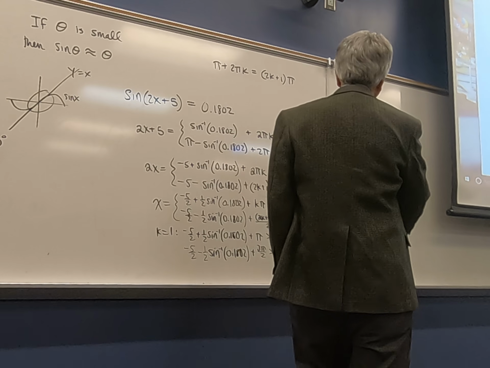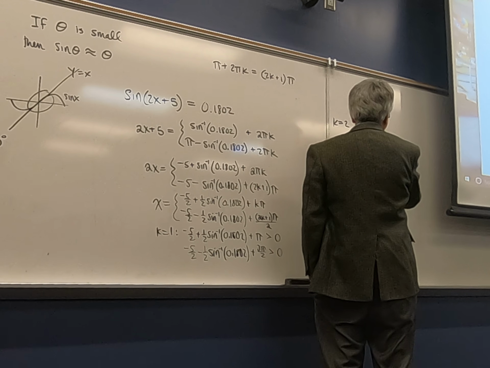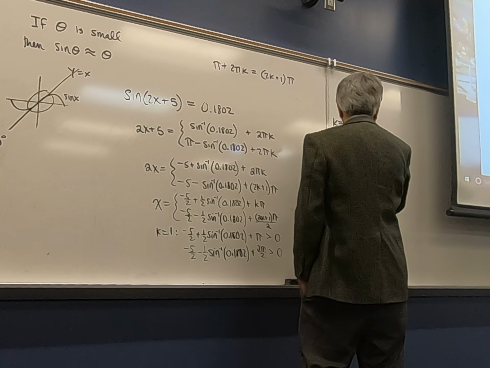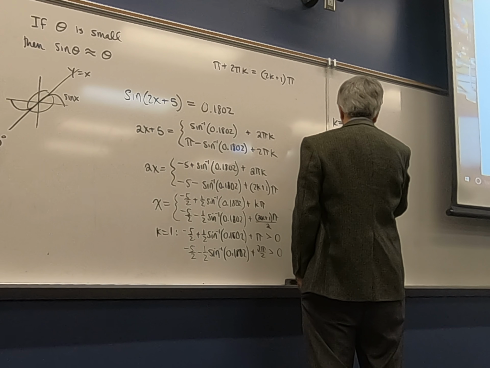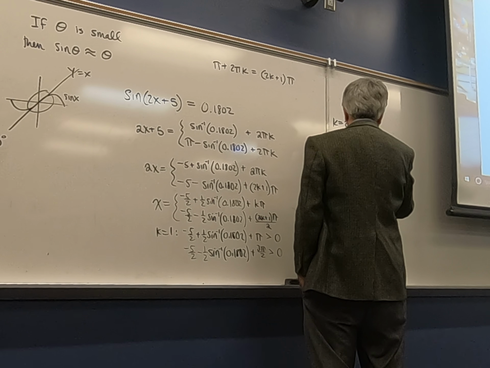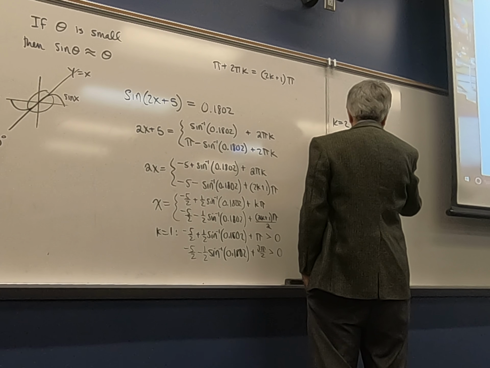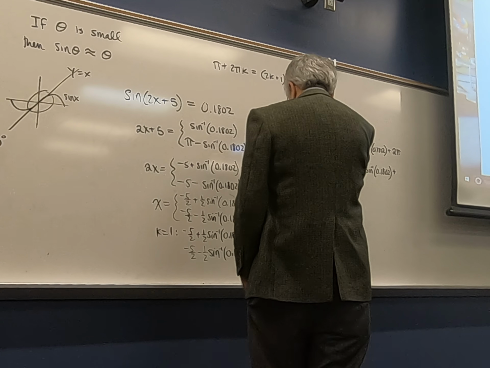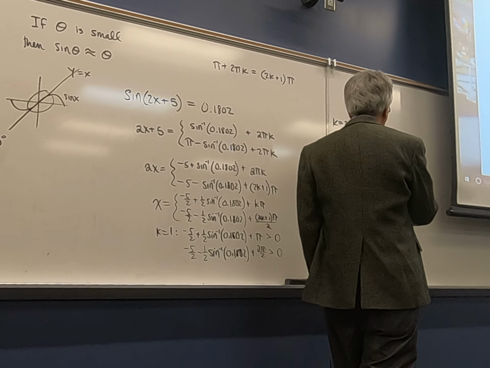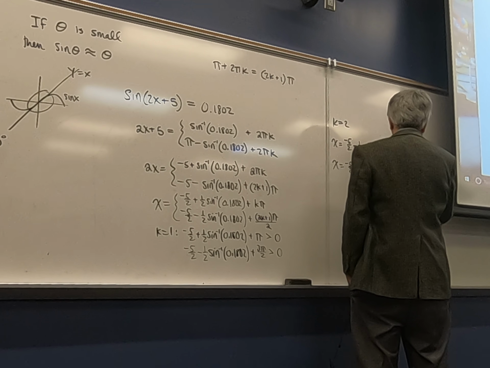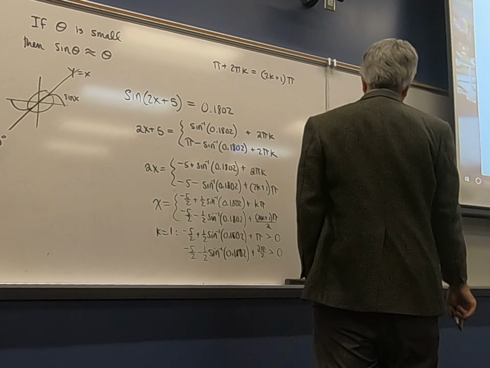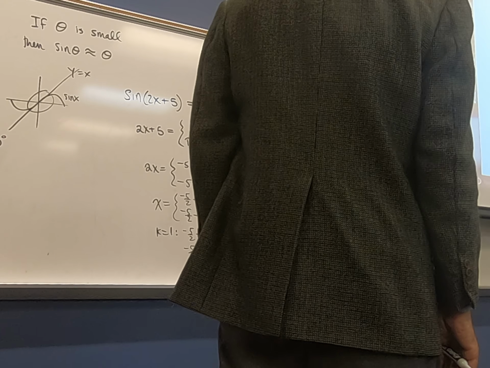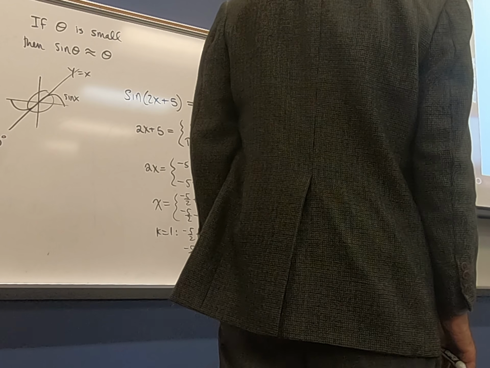Because this is going to be about equal to negative 2, right? So this is good. How about the other one? I think that's also good, right? So when k equals 2 here, I've got 5 pi over 2. This is going to be bigger than 2 pi, but when I subtract approximately 3 from it, I'm going to get something less than 2 pi.